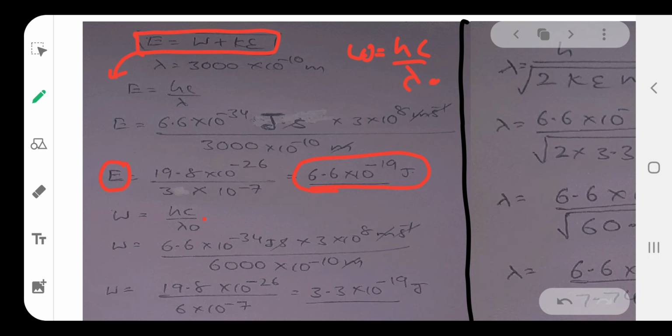Then we calculate the total value, we get a work function value of 3.3 into 10 power minus 19 joules. So this is the energy of incident light, and this is the energy at threshold frequency.